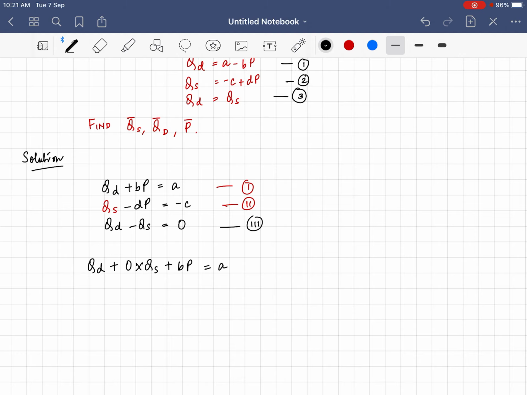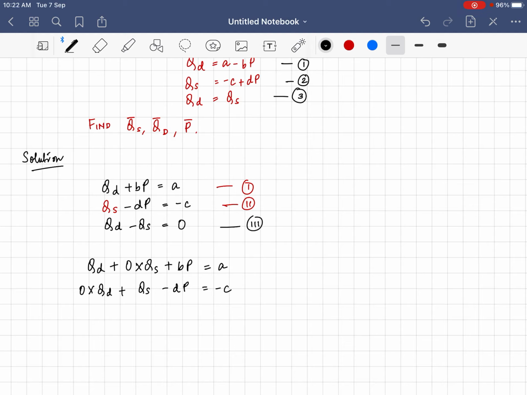Now the second equation. The first variable is QD, the second is QS, and the third is P. So in the second equation, QS is my second variable. I'm going to write 0 into QD plus QS, then minus DP is equal to minus C. This is our second equation.